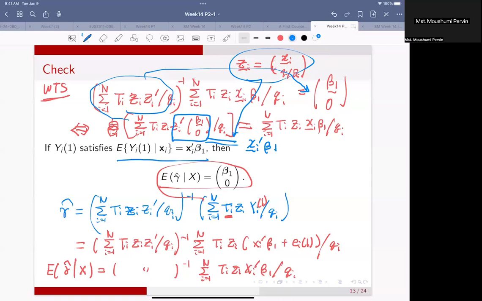So this guy is indeed the probability limit of the gamma hat, right? So gamma hat will converge to the expectation, and the expectation is equal to this guy. So that means gamma hat 1 will converge to beta 1, gamma hat 2 will converge to 0.